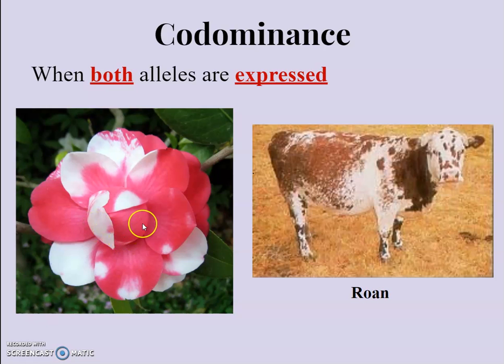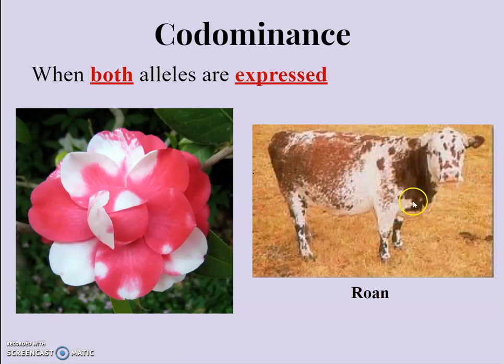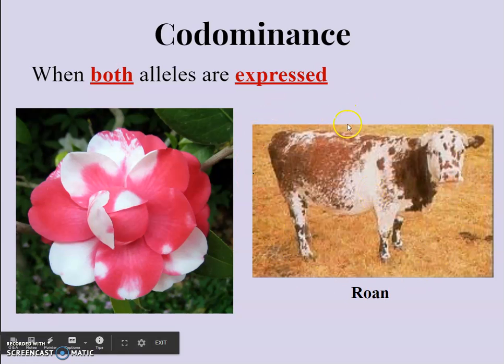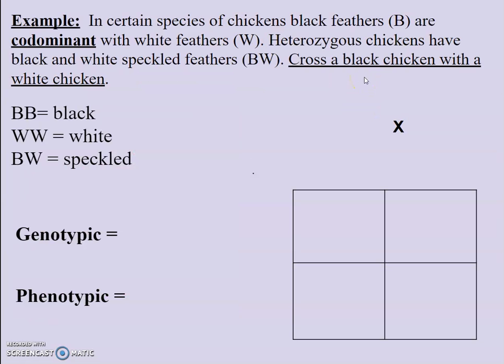If I have a capital P, capital W, I'm going to end up with this flower that has white and pink expressed, because both of them are being expressed in the heterozygote. Same for this roan cow. A red cow would be 2 capital R's, and a white cow would be 2 capital W's. But this roan cow, which is a cow with red spots and white splotches, is going to be an RW. Let's practice one of those.